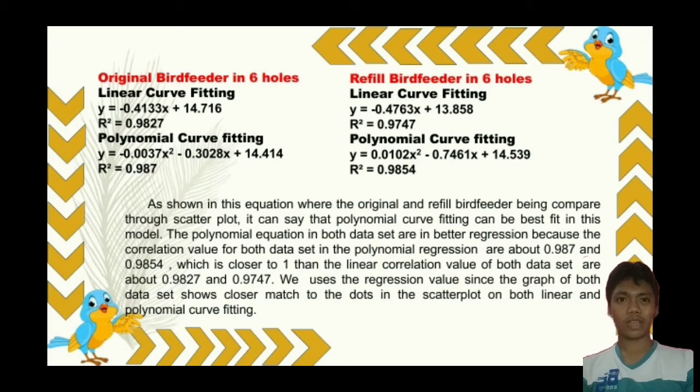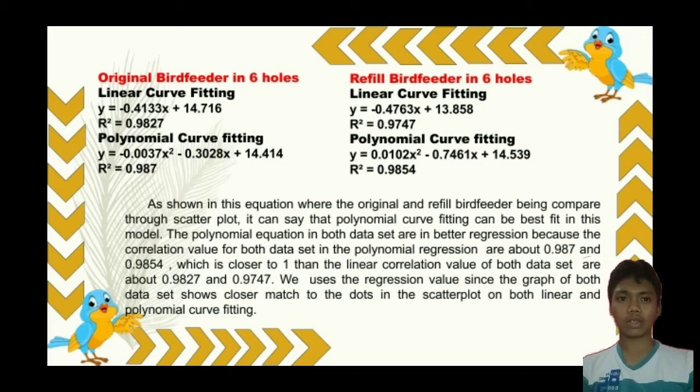As shown in these equations, where the original and refilled bird feeder are compared through a scatter plot, it can be said that the polynomial curve fitting is the best fit for this model. The polynomial equation in both datasets has a better regression because the correlation values for both datasets are about 0.987 and 0.9854, which is closer to 1 than the linear correlation values of both datasets, about 0.9827 and 0.9747.